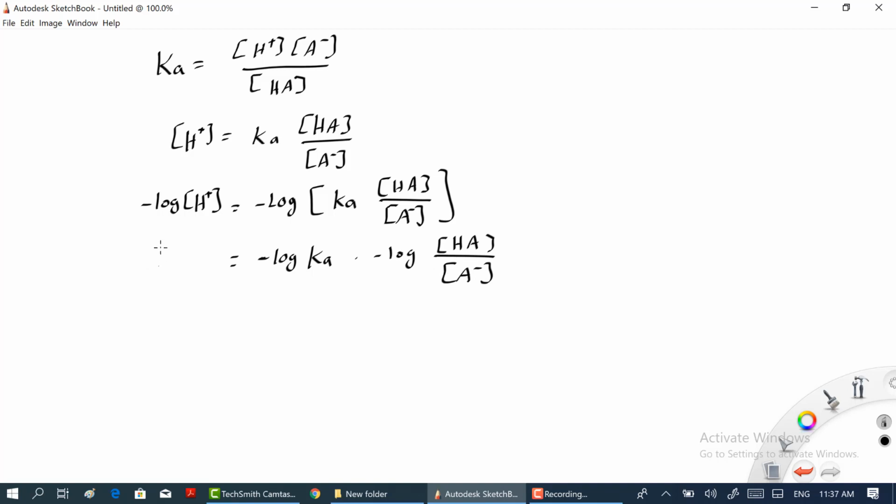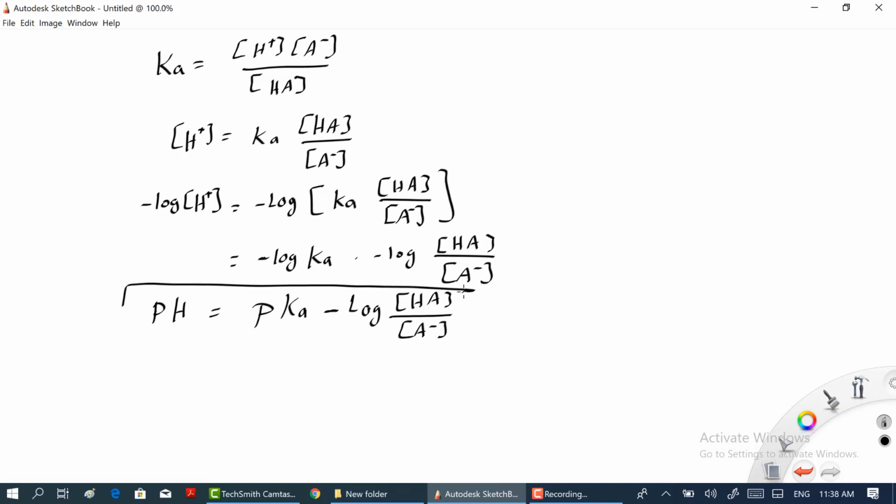In this case, the pH equals pKa minus log HA over A negative. This is called the Henderson equation.